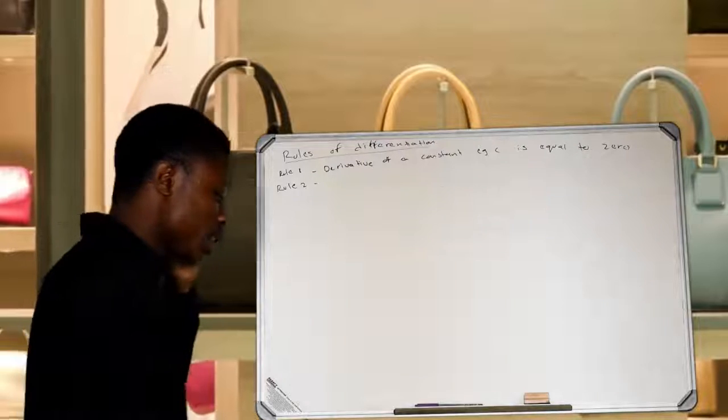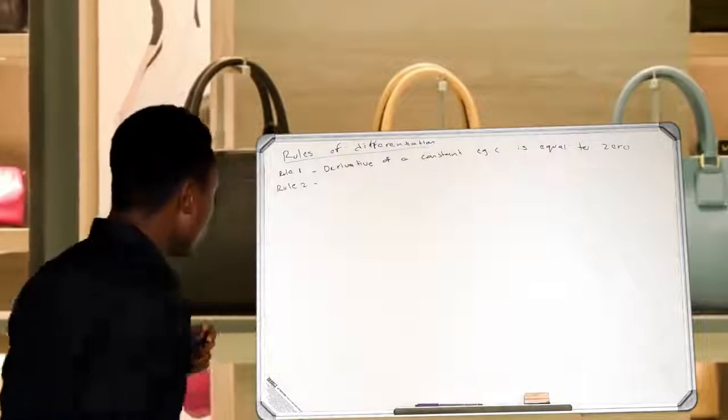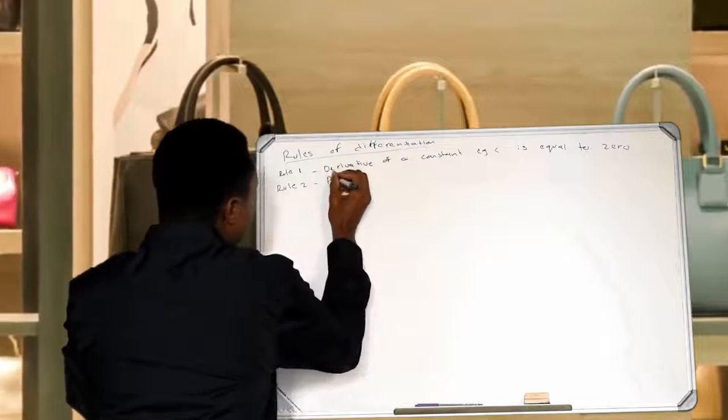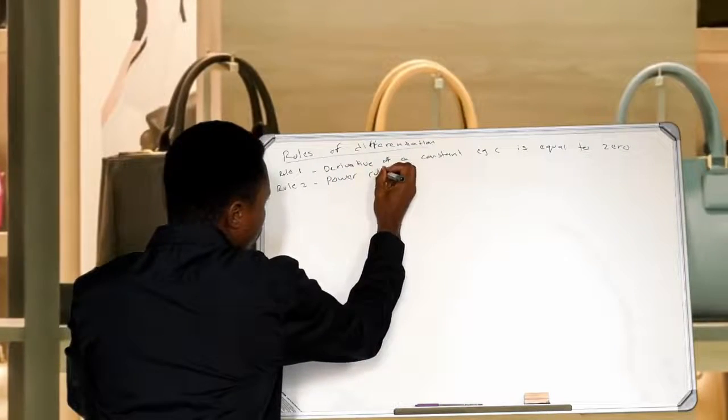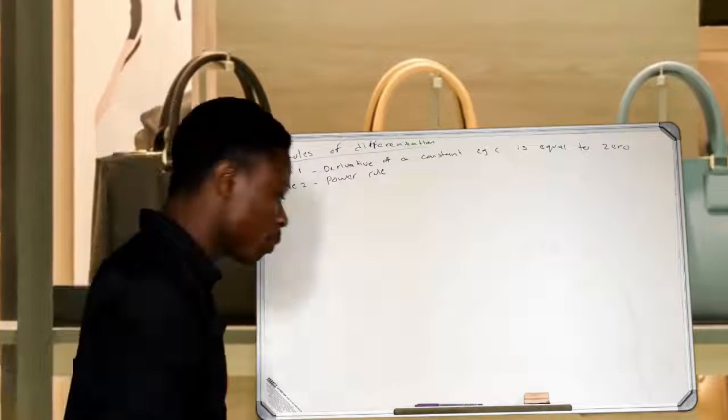So what's rule 2? Rule 2 is the power rule. The power rule is one of the most used rules when it comes to differentiation. What does the power rule say?